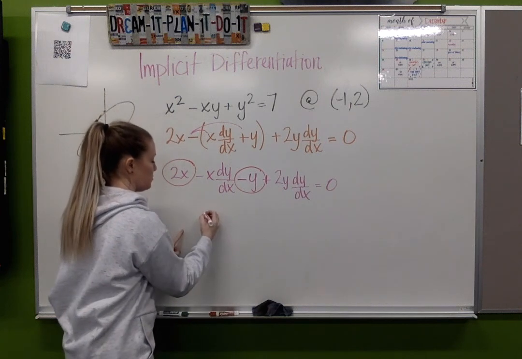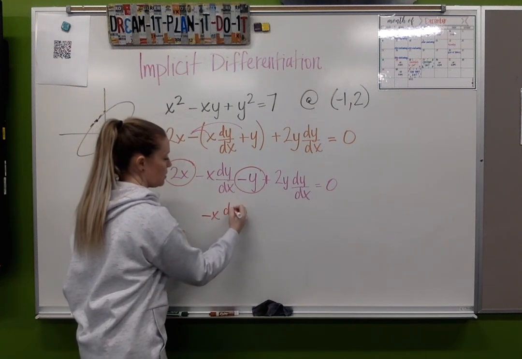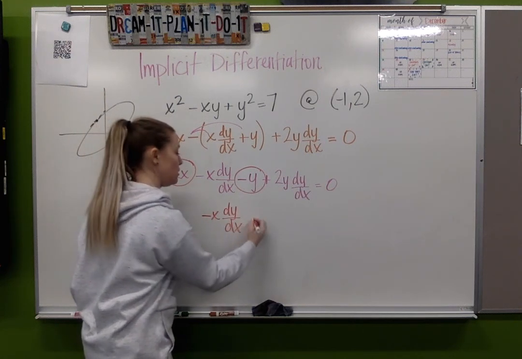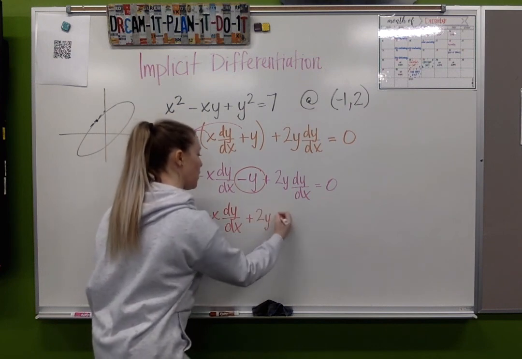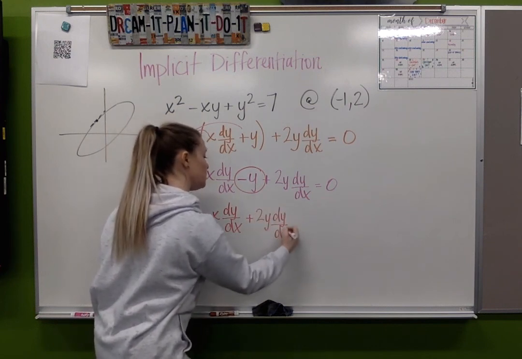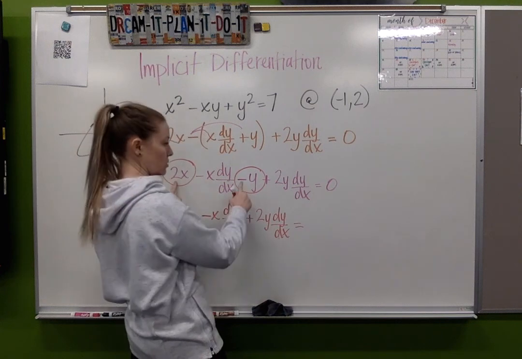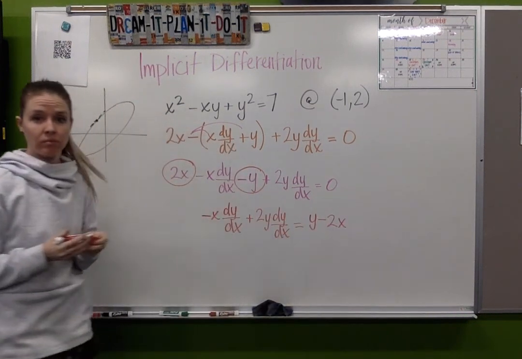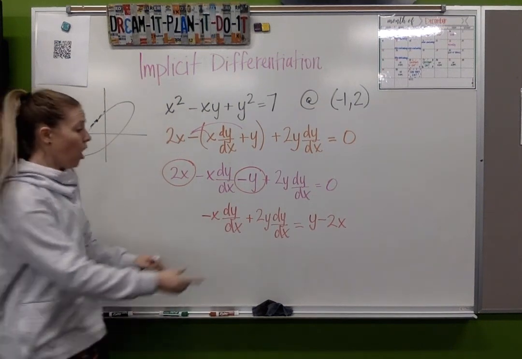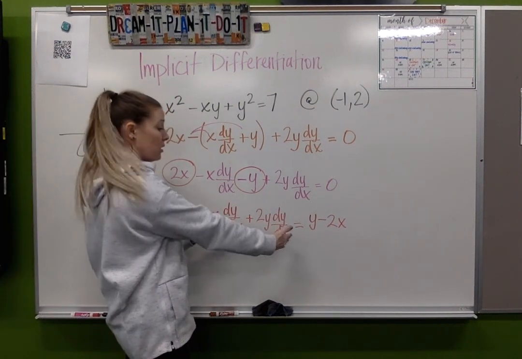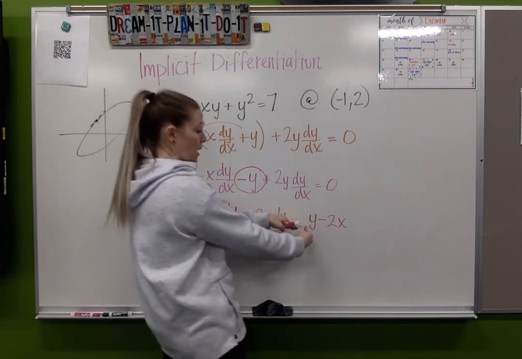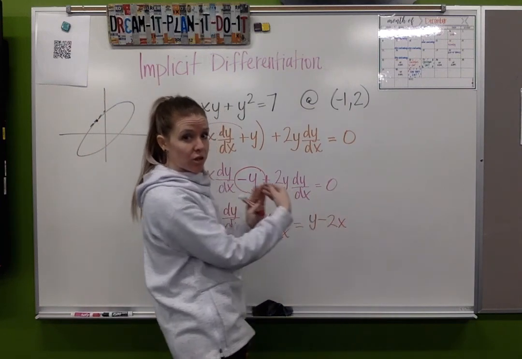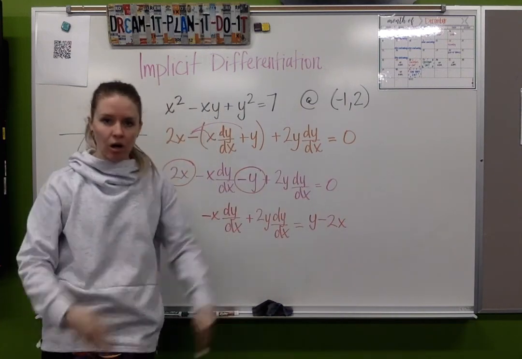So this becomes negative x dy/dx plus 2y dy/dx equals y minus 2x. Okay, all my dy/dx's are now on the left side of the equal sign, and all of my other variables with no dy/dx's are on the right.